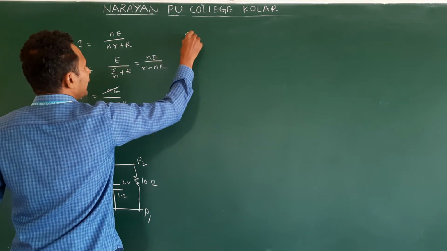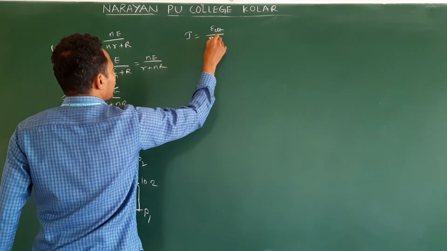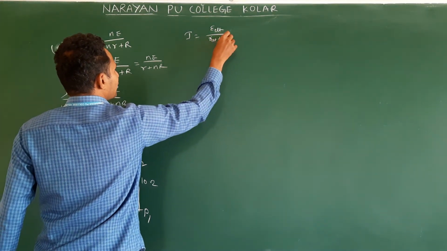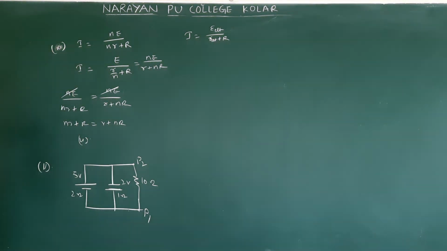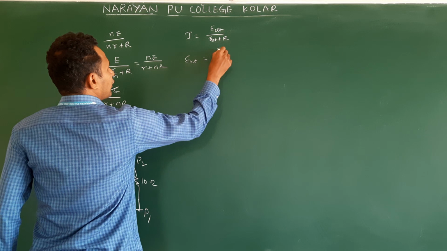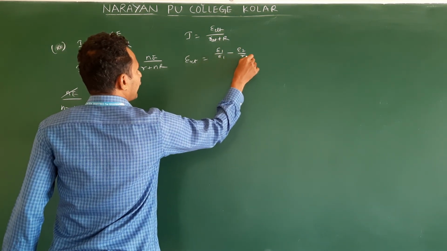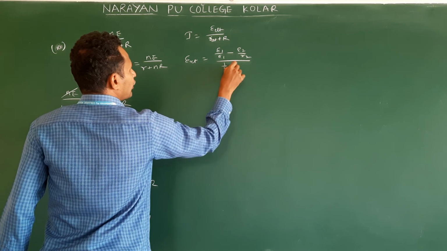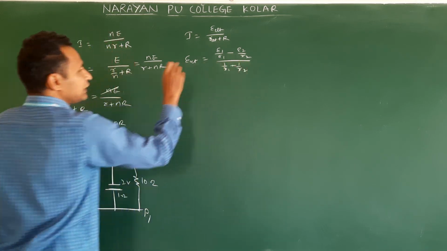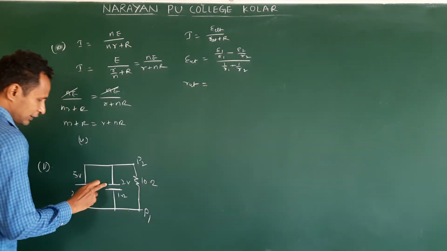Then how do you find it? I can write I is equal to E effective by R effective plus capital R. How do you get E effective? For the parallel combination, E1 by R1 minus E2 by R2, divided by 1 by R1 plus 1 by R2. This is the E effective formula. For R effective, how are they connected?